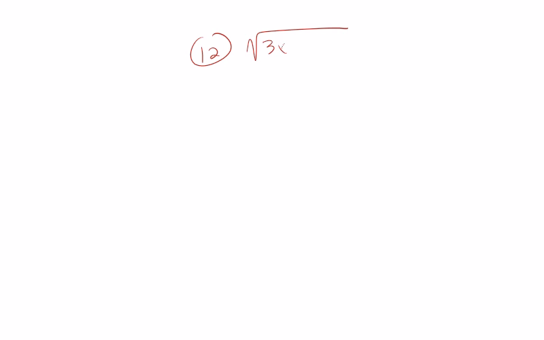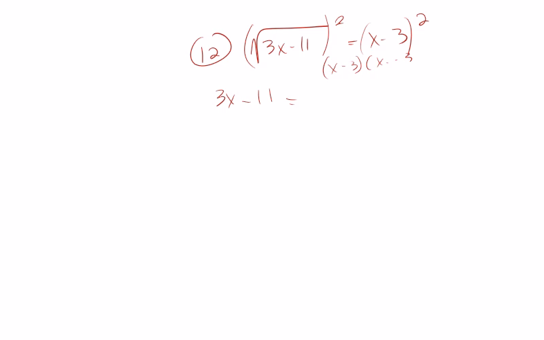Square root of 3x minus 11 equals x minus 3. Okay, so what's the opposite of square rooting? Squaring. So if I square one side, I have to square the other side. So 3x minus 11 equals, and then remember this is really x minus 3 times x minus 3. So that's x squared minus 6x plus 9.